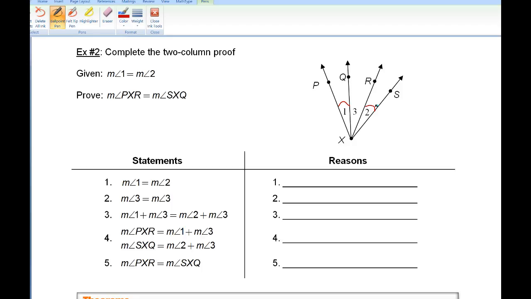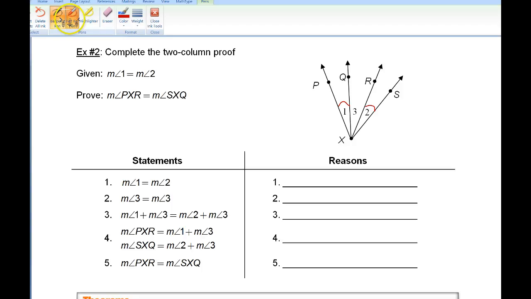Again, what you want to do is look at what are you given and what are you trying to prove. Now, I don't mark what I'm trying to prove because sometimes that can be a little confusing. I'll mark things as we go by, but notice here PXR and SXQ. Do you see those two angles? So that's what we're trying to prove.